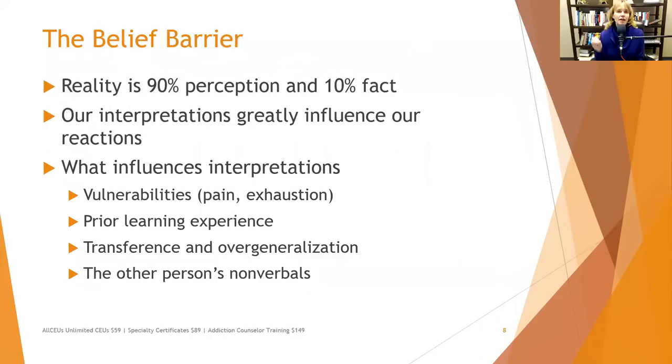The belief barrier can also keep people from being assertive. Reality: 90% perception, 10% fact. So if you take 5 people who witness a crime and you take their statements, all of their statements are going to be different. And they vehemently believe in the statement that they gave.